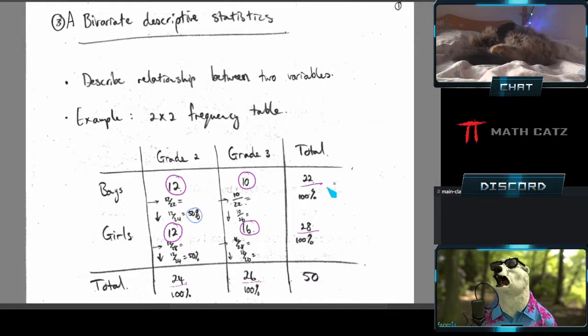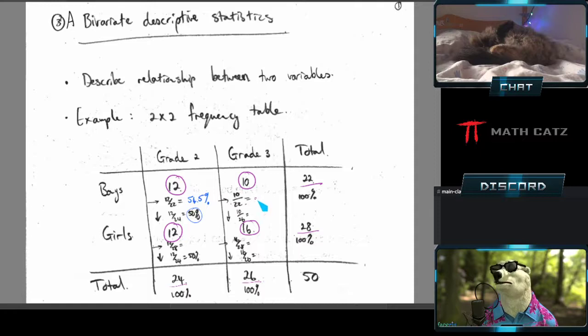But I can also look at the boys row and say out of the total 22 boys, 12 were in grade 2. I can calculate that very easily. If I round it to one decimal place, 54.5 percent of the boys in this data set were in grade 2.